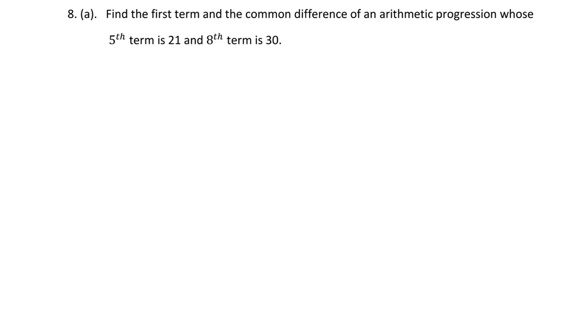To find the term required, we are going to refer to the general formula for finding any term in a progression, which says an equals a1 plus, in brackets, n minus 1 times d, of which an is any term at a position n, a1 is the first term, d is the common difference, and n is the position of a term.